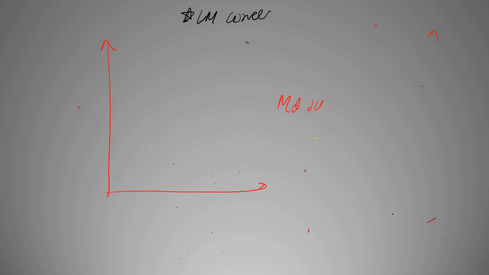On the x-axis is money demand and on the y-axis is I. We all know that there is this inverse relation between MD and I, right? So this is how it's negatively sloped, right?